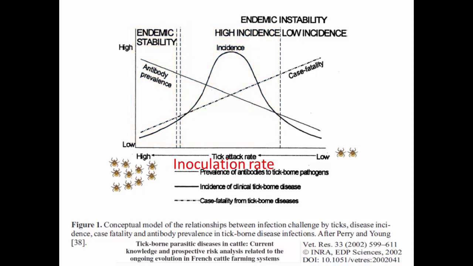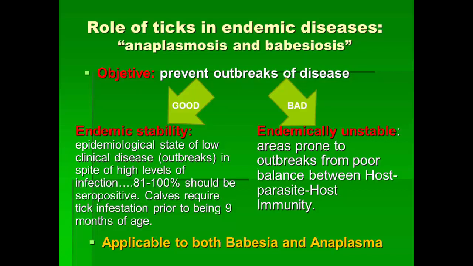vaccine for babesia. You may want to stop this slide and read it, but it basically tells you that the role played by ticks in endemic areas is important, and the objective is to prevent outbreaks of disease by babesia, because, as I mentioned, we don't have a vaccine available in the country.